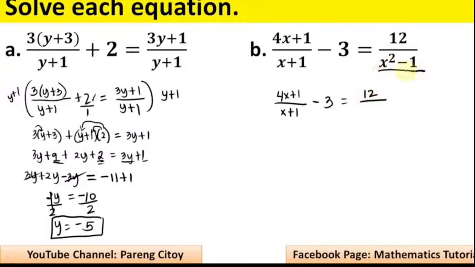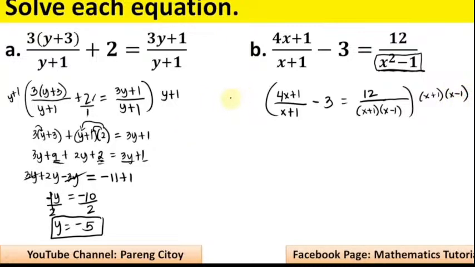What is the factor of x squared minus 1? Ito yung perfect square natin. So that is x plus 1 times x minus 1 perfect square. Then find the LCD. So kung ano yung value ng denominator, that is your LCD. So our LCD is x plus 1 times x minus 1.